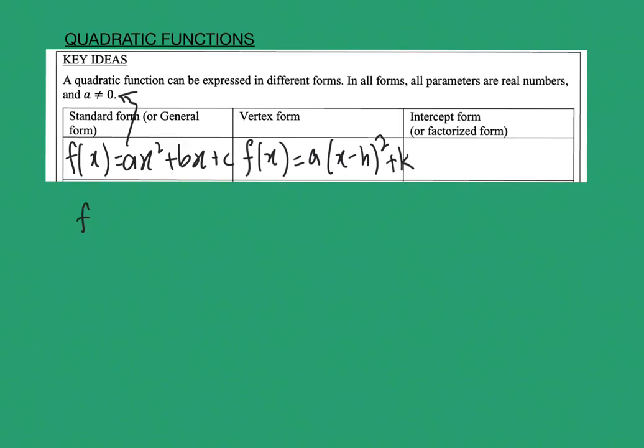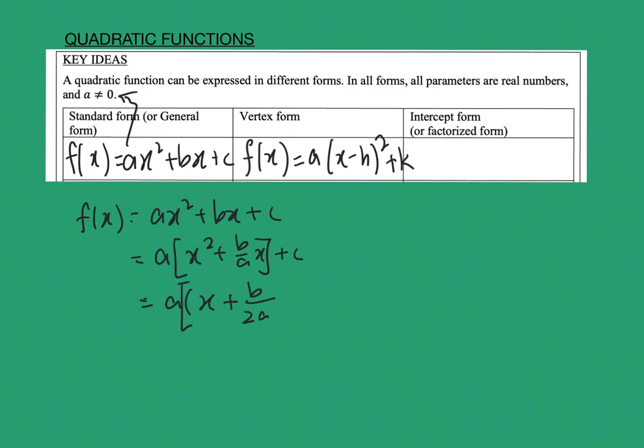So if I look at f of x equals ax squared plus bx plus c, if I want to factorize out the a, it's x squared plus b over a x, plus c. So I end up with a, and don't forget your big bracket, and then I divide b by 2, so x plus b over 2a squared, and I have to subtract b squared over 4a squared, and then I plus c here.